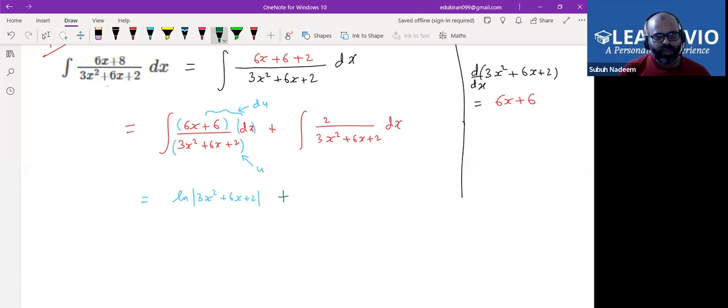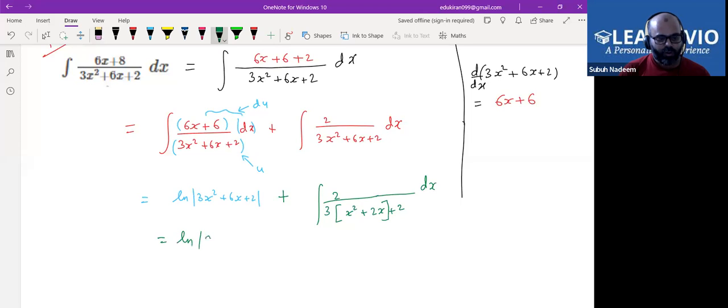Now here, 2 by 3 common we take, so x square plus 2x plus 2 by 3 it will be. So instead of writing it here 2 by 3, we can just write 2 here and take common 3 from x square plus 2x. This is what we will get.